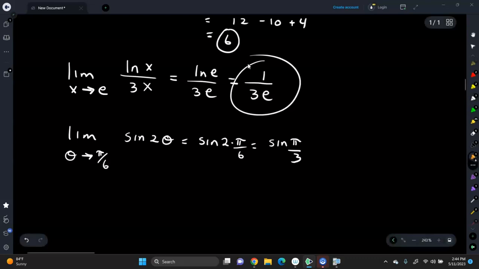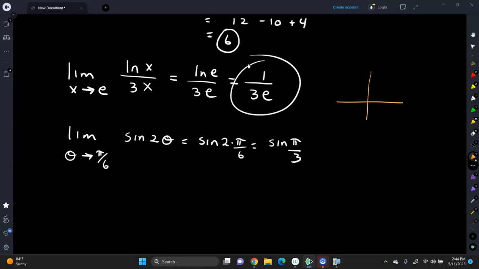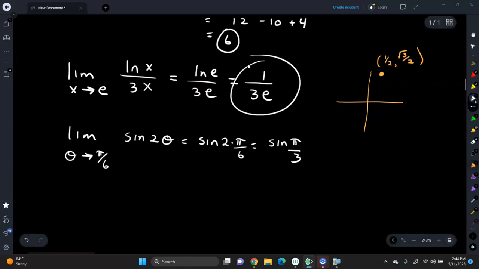So we've got to remember our unit circle, right? Pi over 3 is right here. So that's 1/2, square root of 3 over 2. Sine is the y value. So this is equal to the square root of 3 over 2.